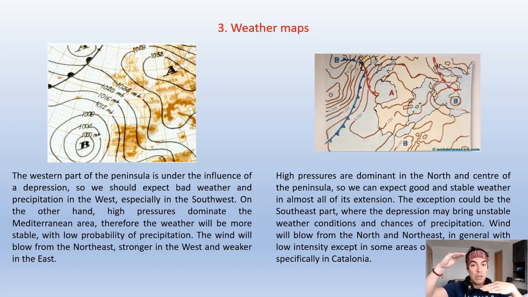Therefore, since the higher pressure areas are in this part of the map and the low pressure areas are in this part, the wind will blow from the north or the east, from the northeast of the Iberian Peninsula, and go towards the southwest or the west of the peninsula.